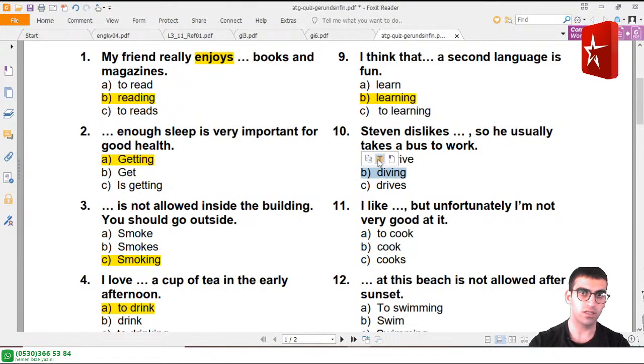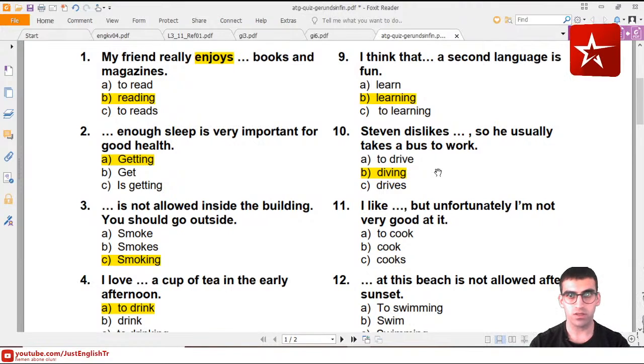Actually, it says diving. There's a spelling mistake. Steven dislikes driving, so he usually takes a bus to work. The correct answer is B. In spite of having a spelling mistake here, it must be driving, not diving.